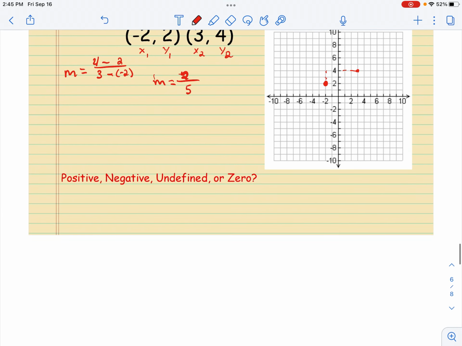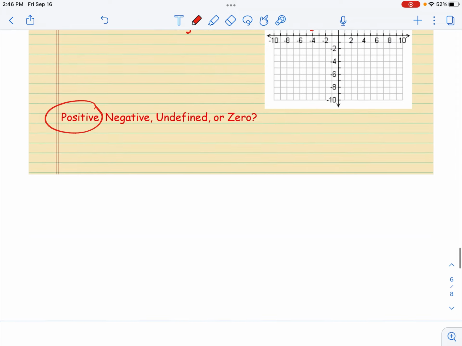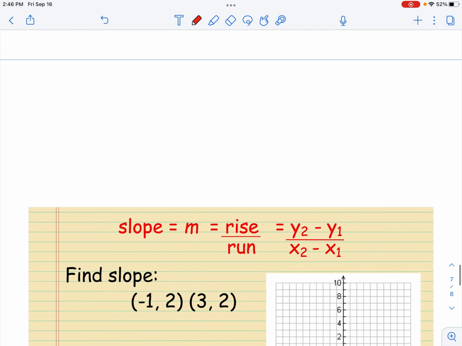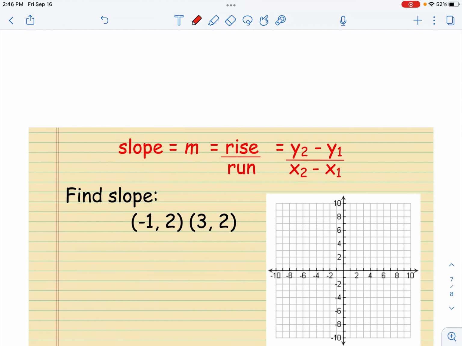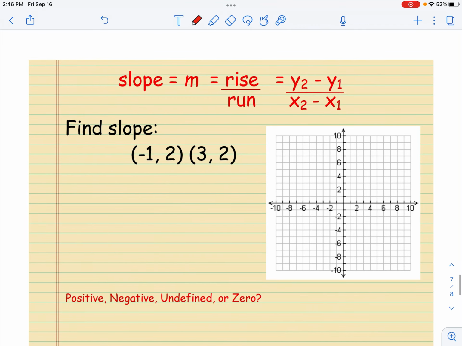Okay, in this one, if these are the two points it passes through, it's increasing as it's going up. So this one would be positive. And what you'll see when you put in your values, negatives will come out if it's a negative slope, positives if it's a positive slope. Okay, so same thing. We take our y2 minus our y1.